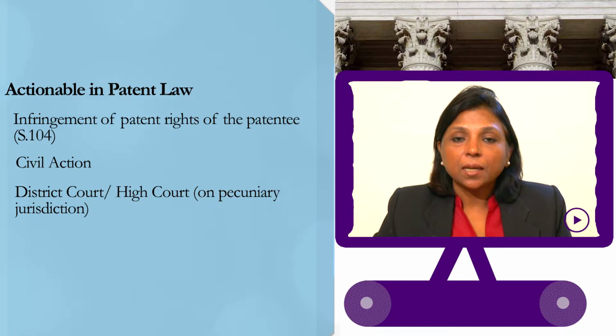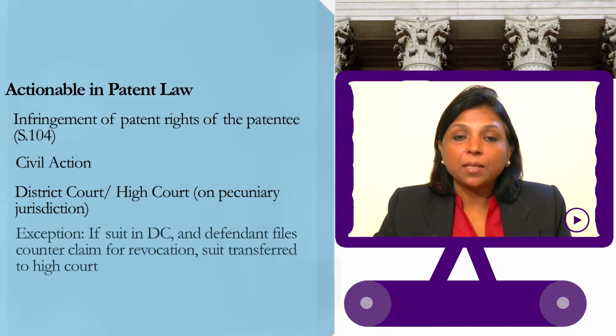It says that if the defendant files a counterclaim for revocation, then if the matter is in district court, the entire suit for infringement along with the counterclaim for revocation shall be shifted to the High Court. That means it is the High Court which has the jurisdiction in this case.